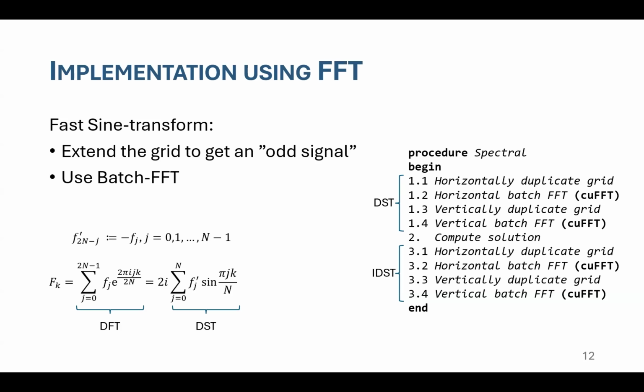The resulting signal's two-dimensional Fourier transform will equate to 2i times the sine transform. So essentially we get the very basic algorithm of doing a sine transform with Fourier transforms, compute the solution in a single kernel, and then copy back and transform back everything using Fourier transforms.